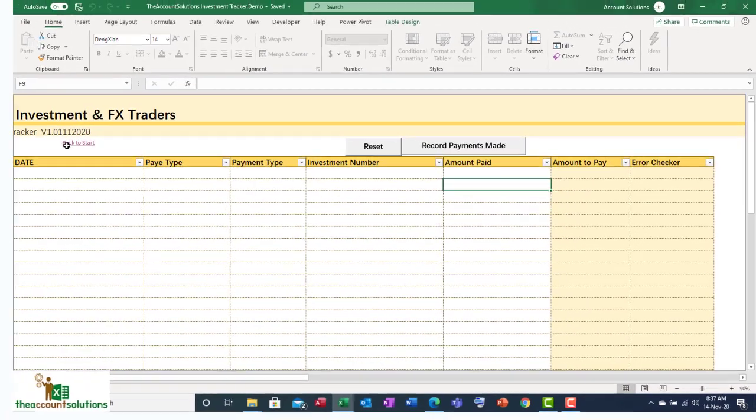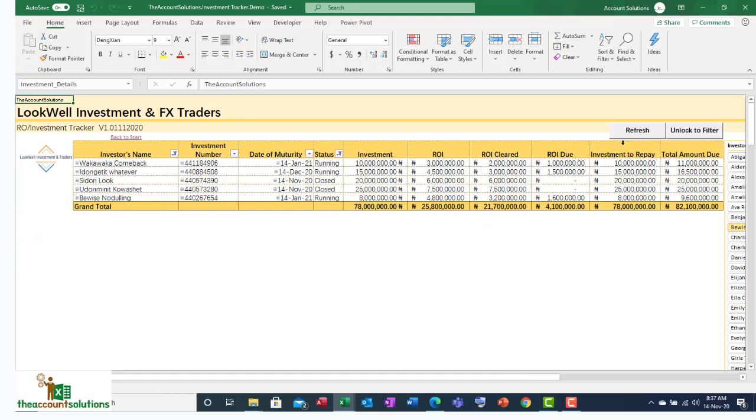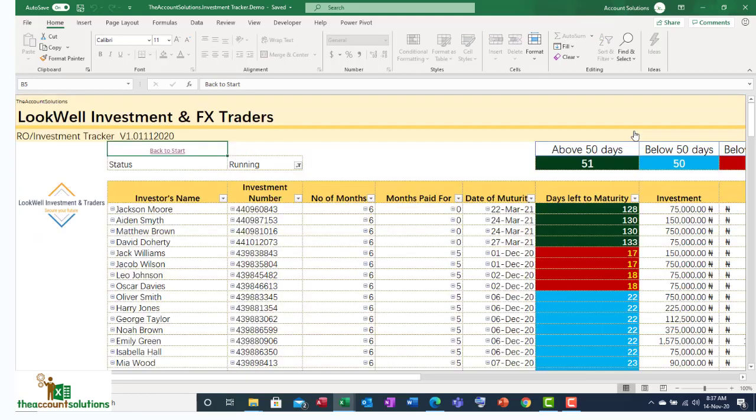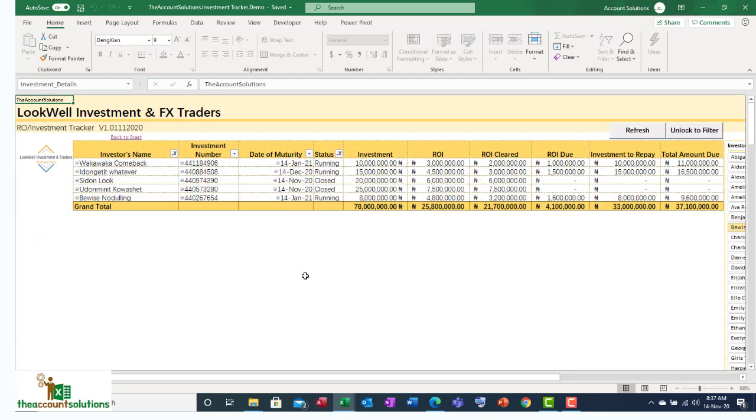Okay, let's go back to the investment details. So refresh again. You must refresh. Once you enter new data, you must refresh. Okay, so investors details. Now we can see from here we have these two investors.